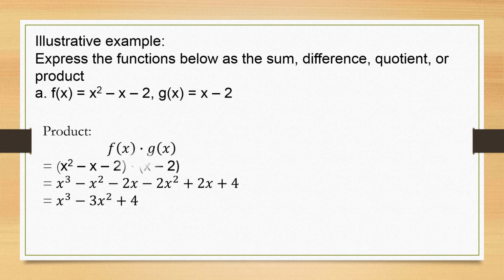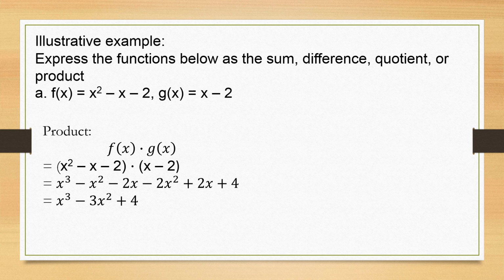Okay, so we will go directly to the product of f of x and g of x. We write first the first function, x squared minus x minus 2, multiplied by the second one, x minus 2. That is equivalent to x cubed minus x squared minus 2x, and how do we obtain that?